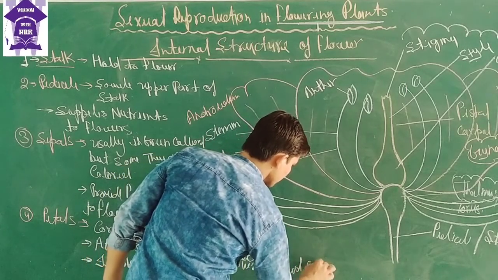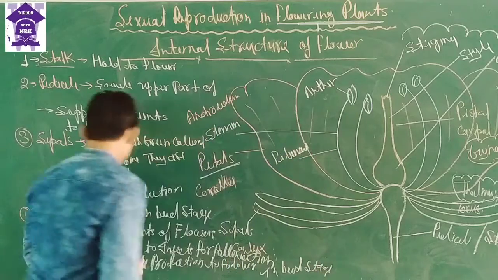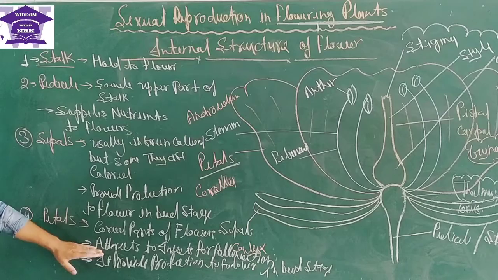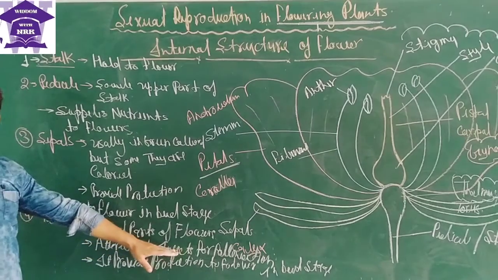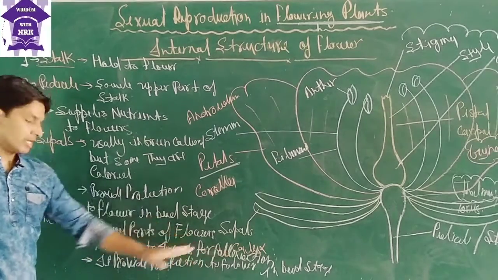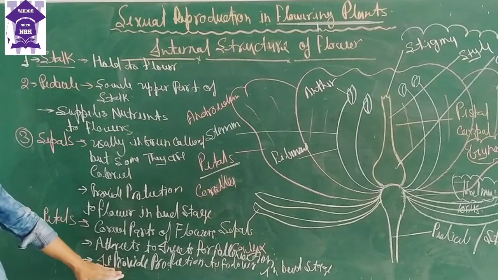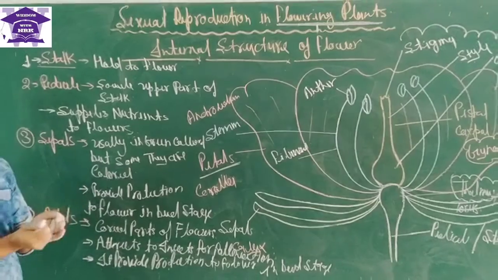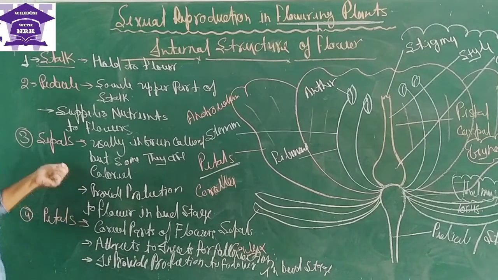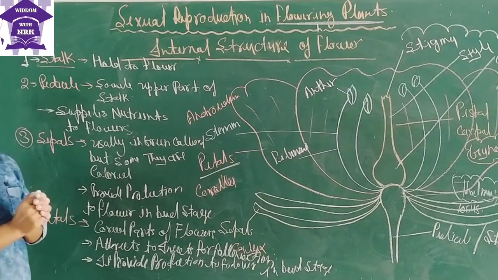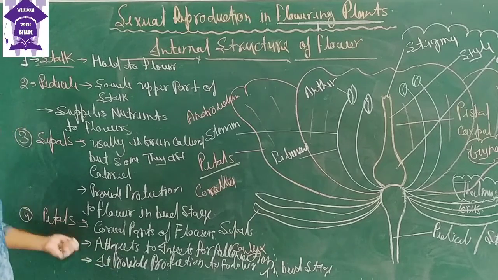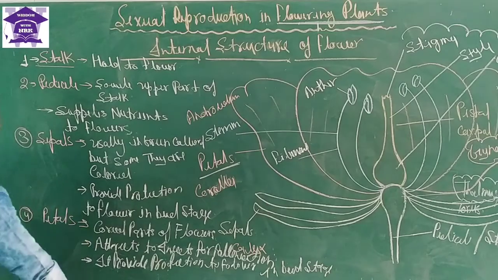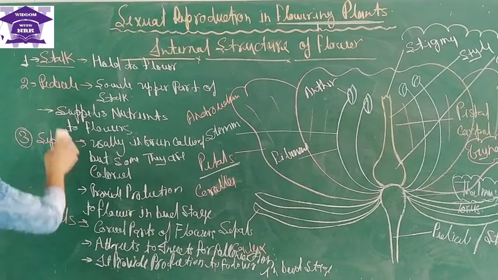In bud stage मतलब ये कलर पार्ट होता है फ्लावर का, अट्रैक्ट करता है किसे? इंसेक्ट्स को. किस चीज के लिए? पॉलिनेशन के लिए. And also students, it will provide protection during the bud stage. जब फ्लावर बड स्टेज में होता है तो हमारा सेपल्स तो प्रोटेक्शन प्रोवाइड कराता ही कराता है, बट आल्सो पेटल्स also provide protection in bud stage. Just now we will reach the next units.